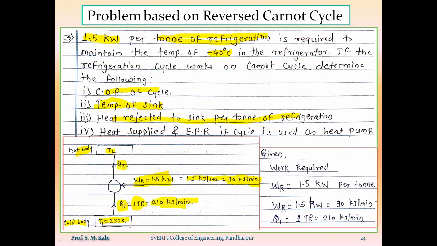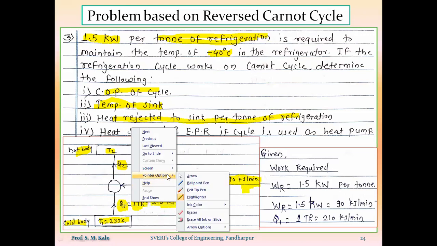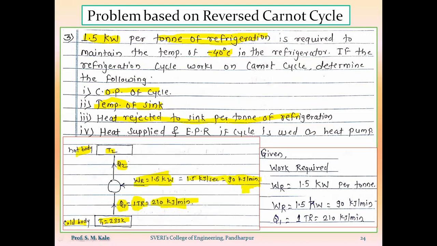What will be the formula to calculate the value of Q2? Q2 is nothing but equal to Q1 plus work done, but both the values I have to take in the same unit. So here I will take the unit as kilojoule per minute. So Q2 will be equal to Q1 plus work done.